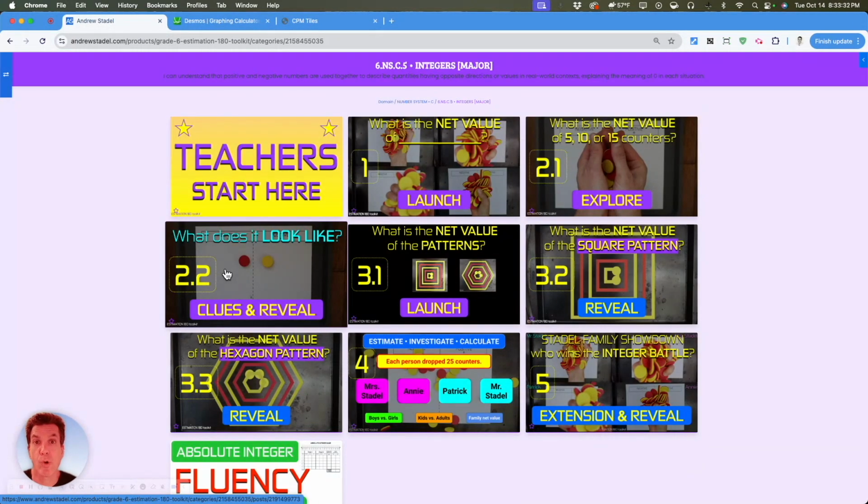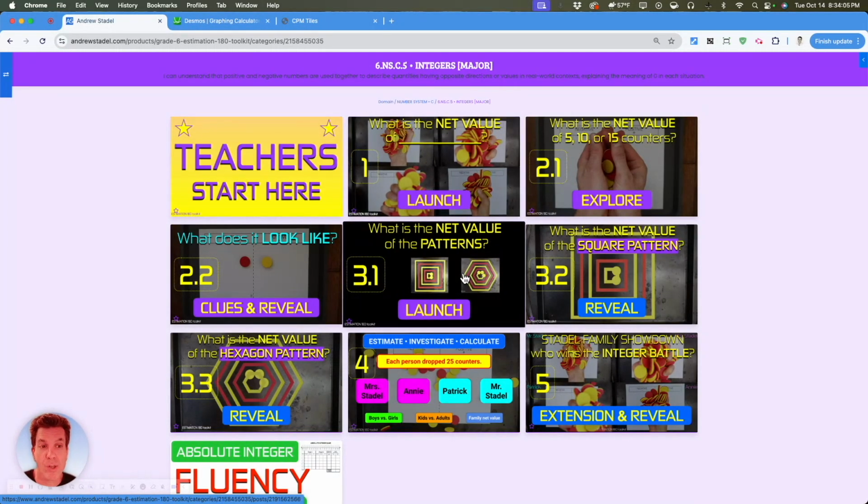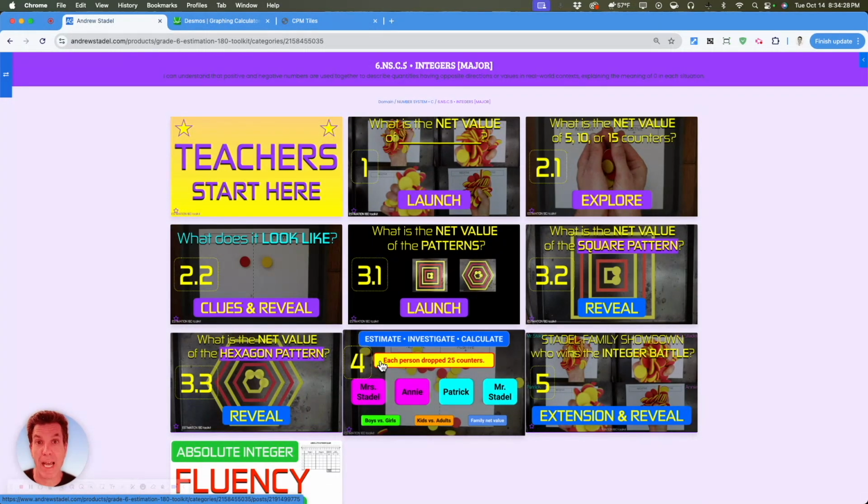So just to give you a quick brief overview of what's happening inside the toolkit here, students are asked the net value of a handful of counters. There are some cool patterns along the way where students are looking at patterns in terms of squares and hexagons. In the estimate, investigate, and calculate series of tasks, students are given clues about a total net value, and they have to unravel those clues.